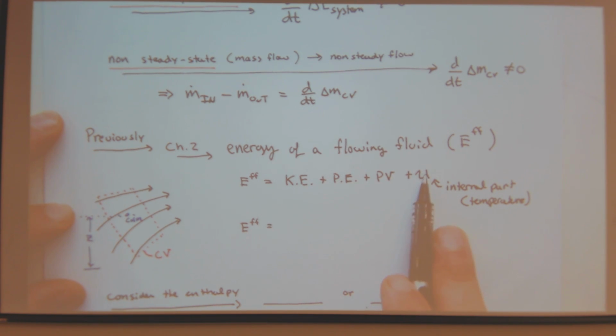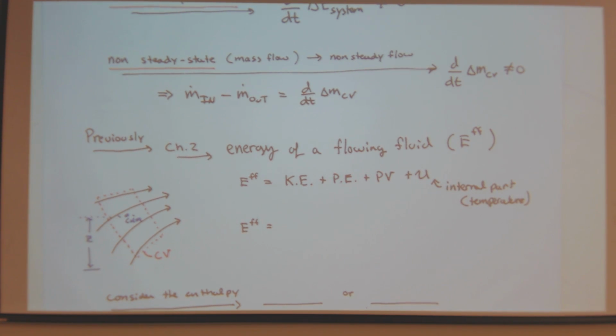And then I have to add this one, which is related to temperature. As I increase my temperature, I increase my internal energy, unless I have some really exotic substance. You have to have some really crazy stuff. I have only heard of a few things that happen near absolute zero, where you increase the temperature and the internal energy goes down, but then there's a lot of entropic things.